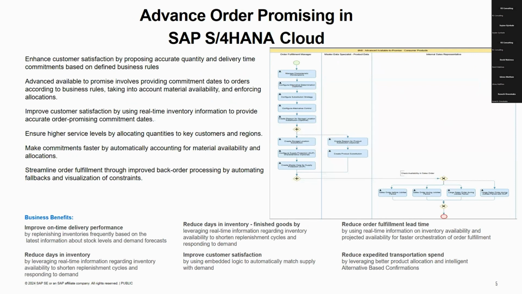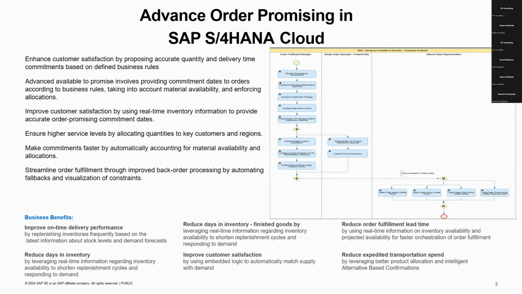There are some benefits attached to advanced order promising, like improving on-time delivery performance by replenishing inventory frequently based on the latest information about stock levels and demand forecast. You can also reduce days in inventory of finished goods by leveraging real-time information regarding inventory availability to shorten the replenishment lifecycle and respond to the demands of your customers.